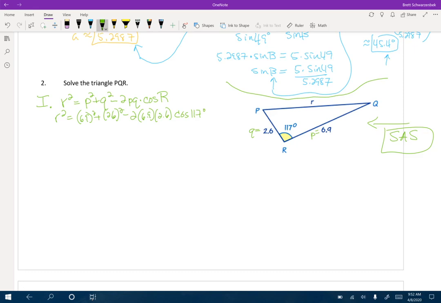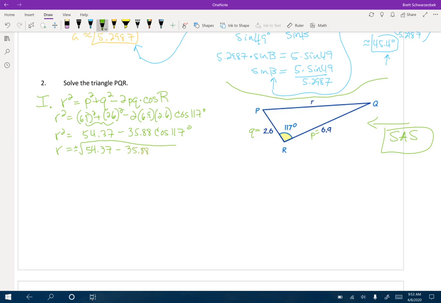If you do a little bit of math here, you're going to get the sum of these to be 54.37. Then you're going to get a product over here of 35.88 times the cosine of 117. If we take some shortcuts here, we can say that R is equal to technically plus or minus, but we know minus is thrown out, the square root of this entire value.